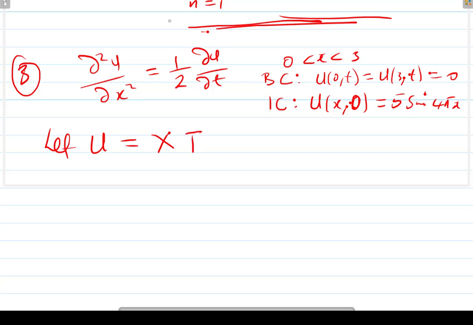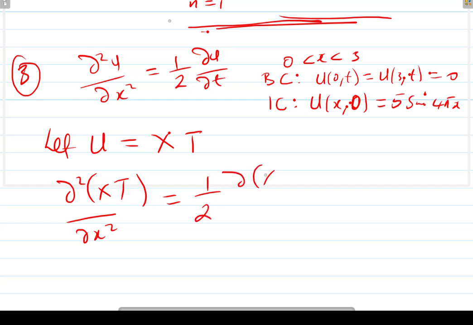Let's substitute in this PDE. Then you have X T, d squared over dx squared, equals 1/2 X T, d over dt. So this is the heat equation.